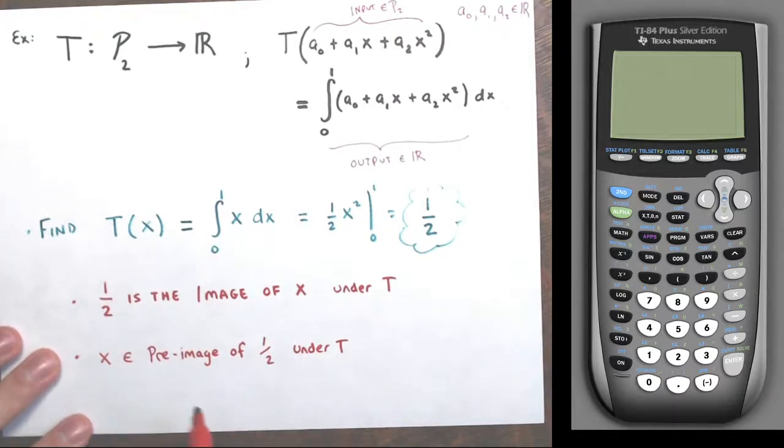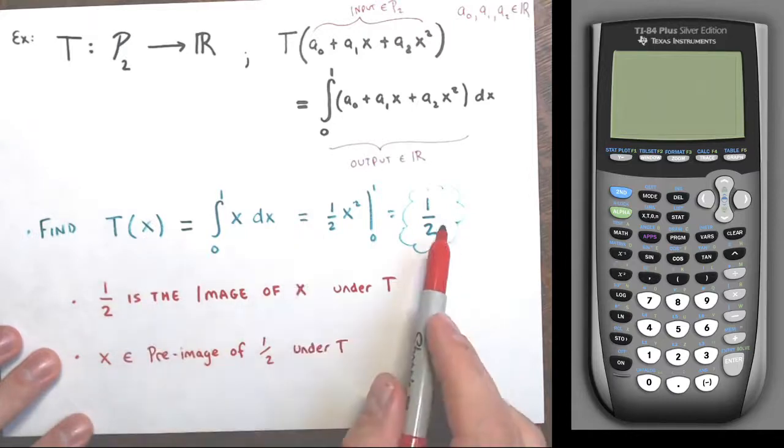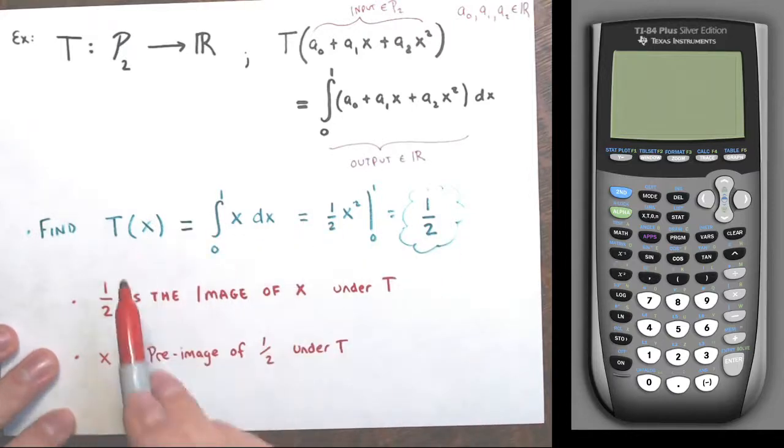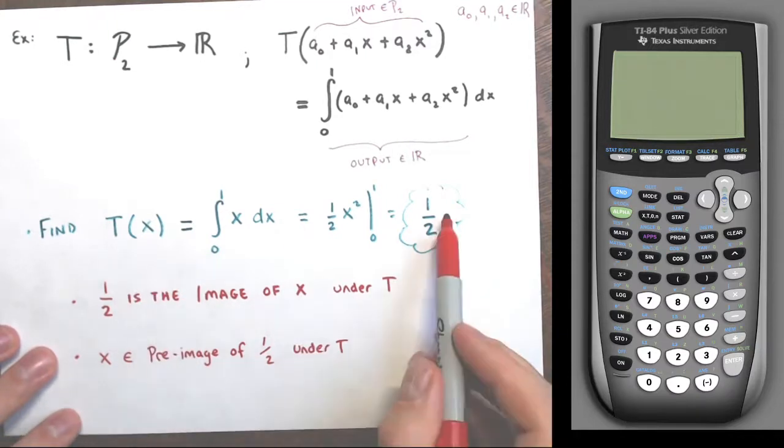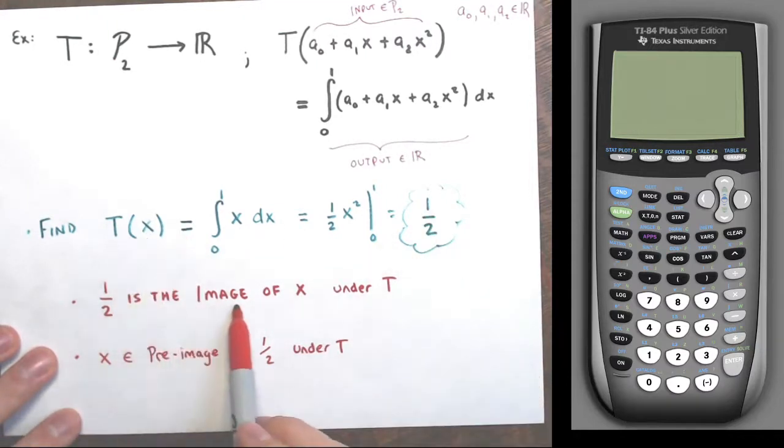So don't think that just because this gives me an output of a half that this is the only thing in the pre-image of a half. The output is the image of the input, and the input is just one of the elements. Maybe it's the only one, but you can only say for certain that it's one of the elements of the pre-image of the output.